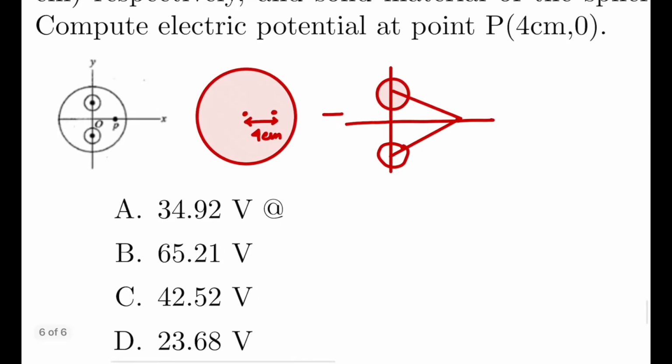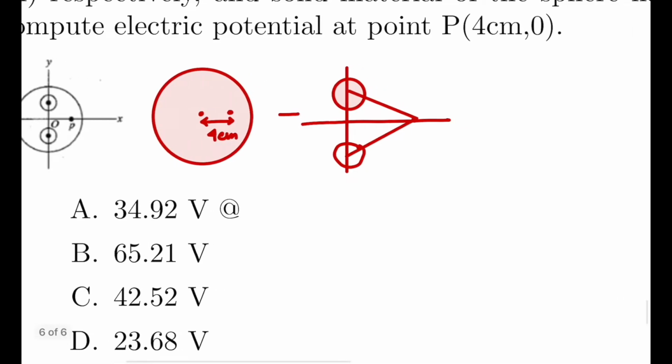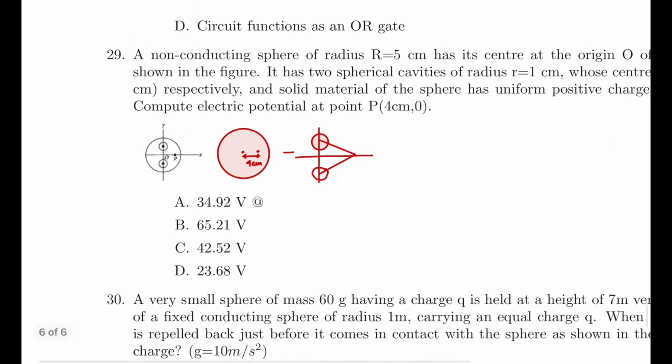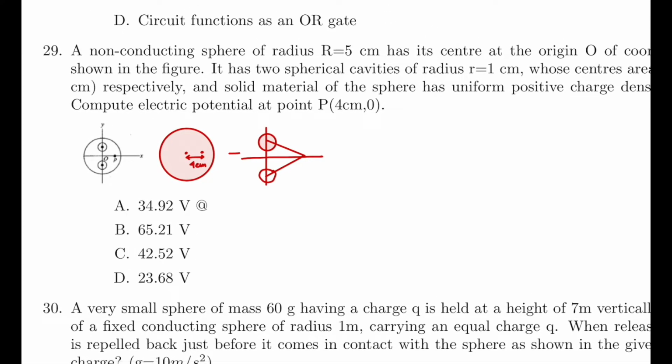Then instead of cavities, you consider two spheres in the positions of the cavities with the same charge density as the solid material of this sphere, and find the potential due to these two spheres at point P. Then you subtract them and you will get the net potential at point P. Now the potential for the full sphere is 1 by 4 pi epsilon naught.